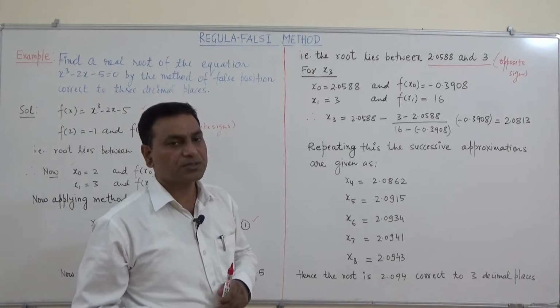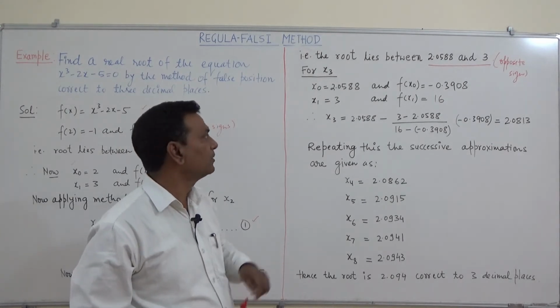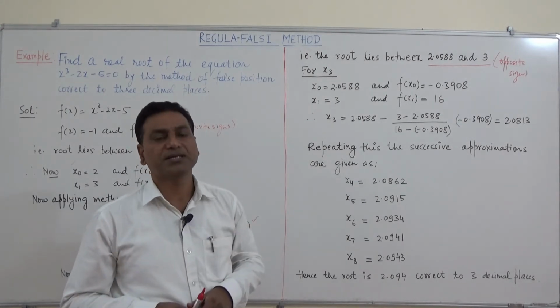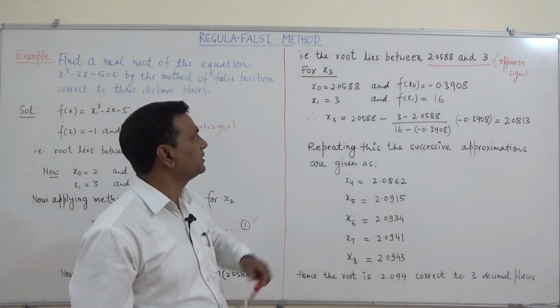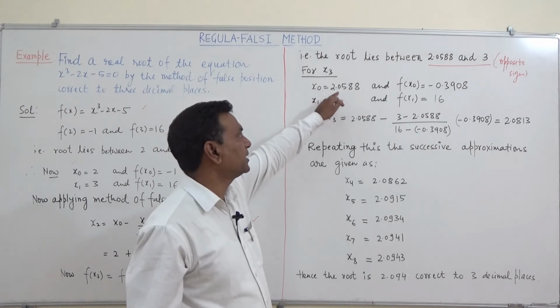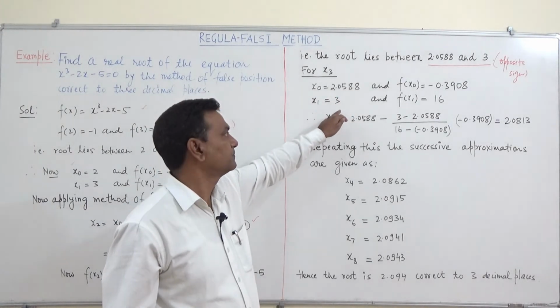For the next approximation, that is x3, the values of x0 and x1 are changed. Now x0 is 2.0588 and the value of x1 is 3.